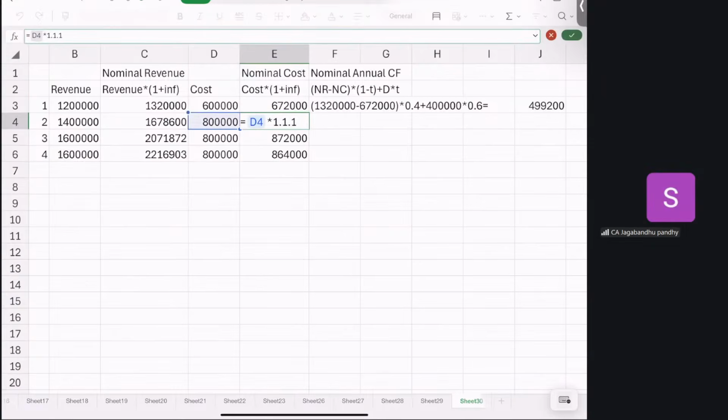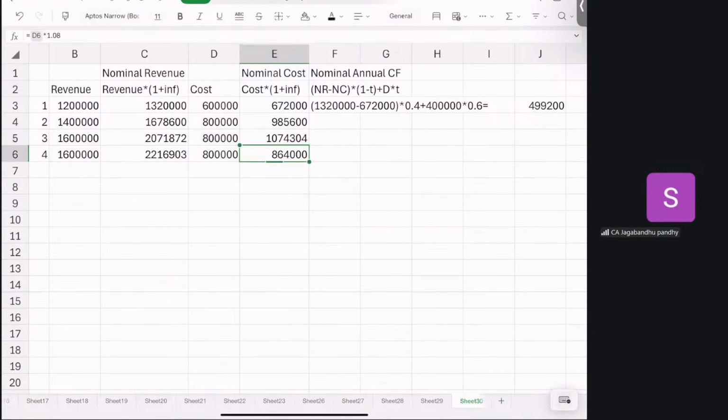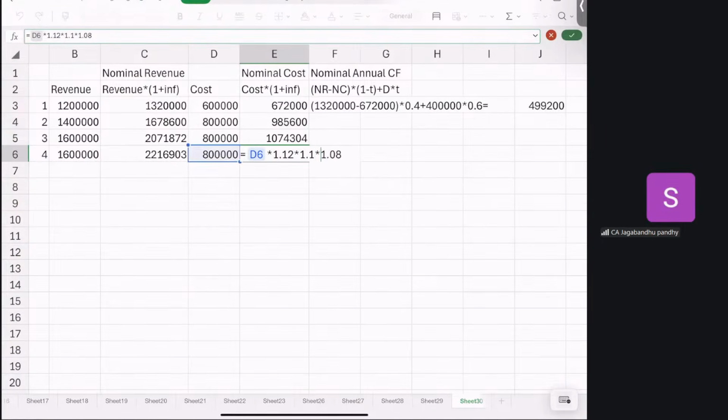That's into 1.12 and then further multiply this. Then this should also be into 1.12 into 1.1 into this.